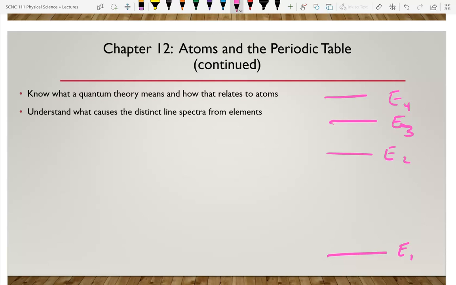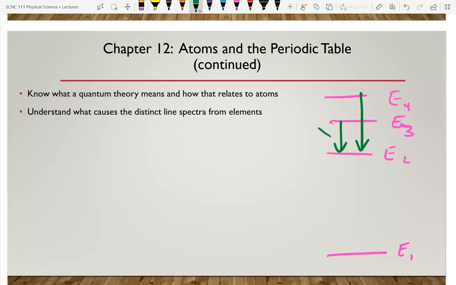And that quantum model then is what explains why we have the shells with different numbers of electrons that will fit in the shells. And it explains why when we had that gas tube and we wore the cool glasses, we saw only specific colors of light emitted because there's only certain energy jumps available to the electrons. And so we had the distinct line spectrum because we had electrons falling from here to here or here to here, but nothing falling a different distance.